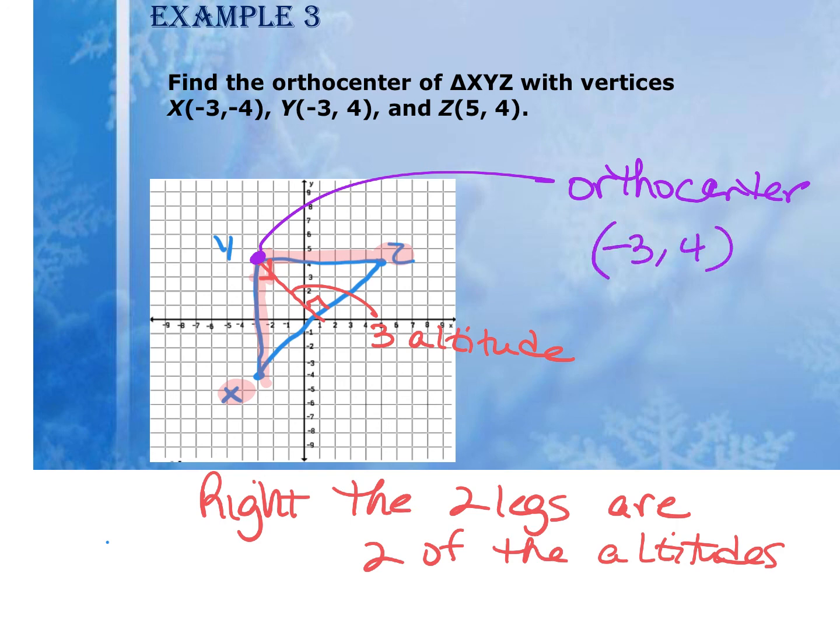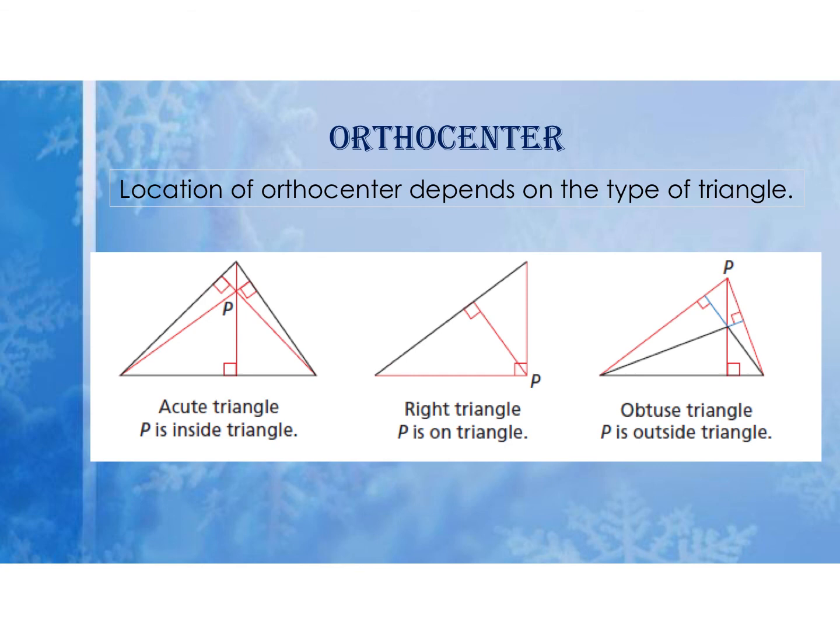It's always going to be located at the right angle's vertex, or the vertex of the right angle. Does that make sense? Next slide again is just summarizing the location of the orthocenter.